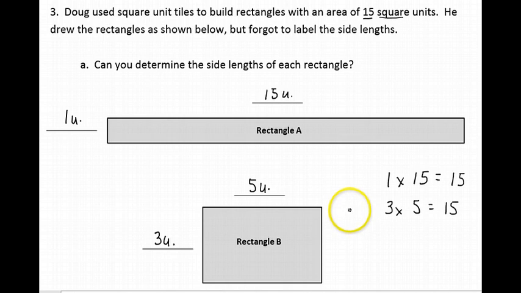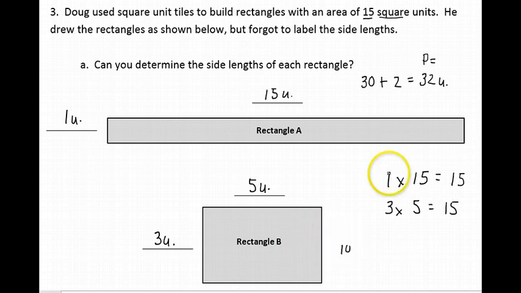So those are the most logical measurements for these two rectangles. Now the perimeter of rectangle A would be 15 plus 15 plus 1 plus 1. 15 plus 15 is 30. 1 plus 1 is 2, so the perimeter would be 32 units. The perimeter for rectangle B would be 5 plus 5, which is 10. 3 plus 3 is 6.